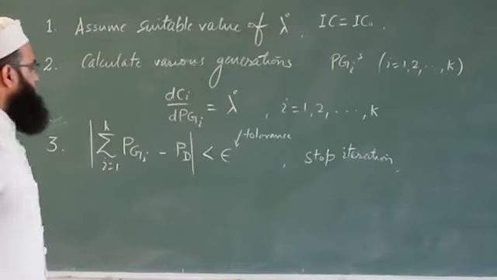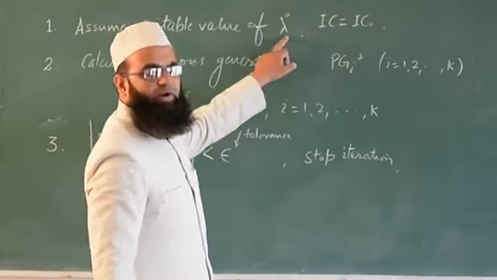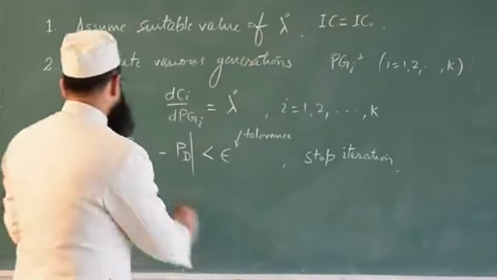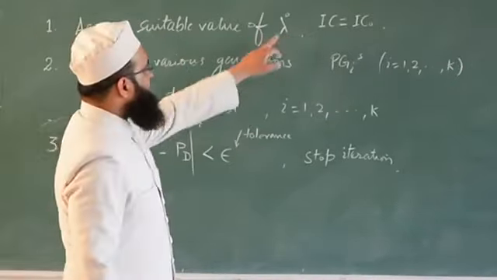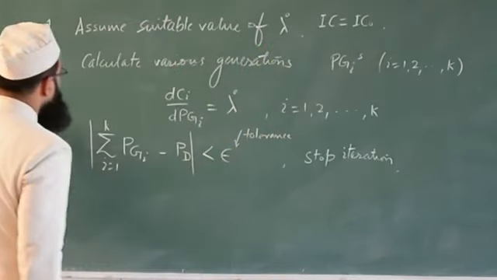Step number 4: if generation is more, then decrease this assumed value of lambda. If generation is less, then increase the assumed value of lambda, and go to step number 2.